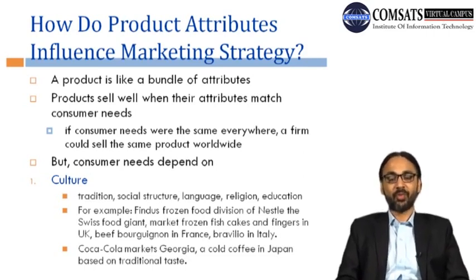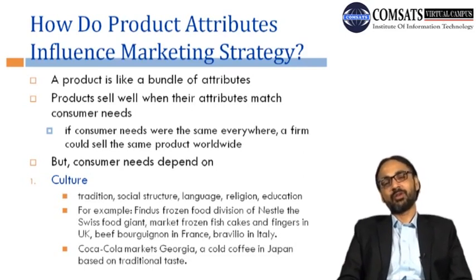Now we are talking about the different attributes of the product and how these attributes can affect the marketing strategy. The first thing we are saying is that if consumer needs across the globe are similar, firms can use the same product and the same marketing strategy across countries and markets.